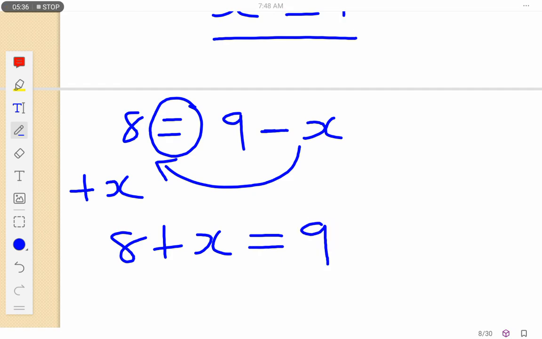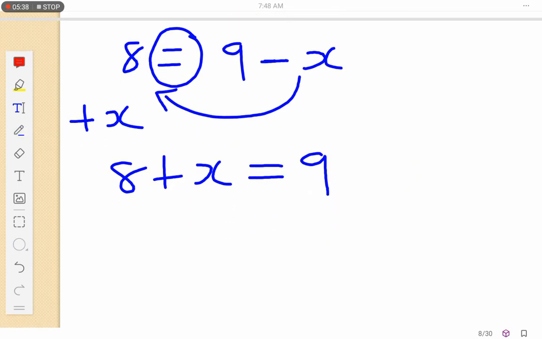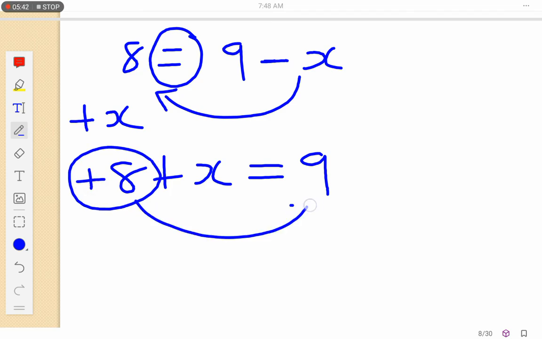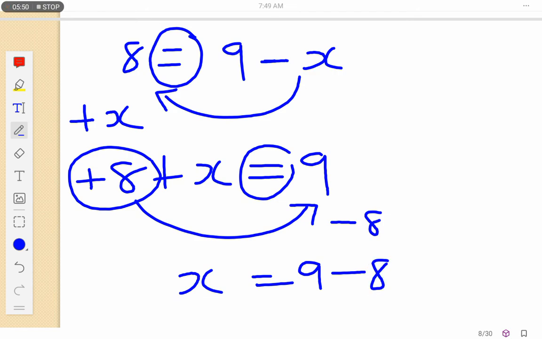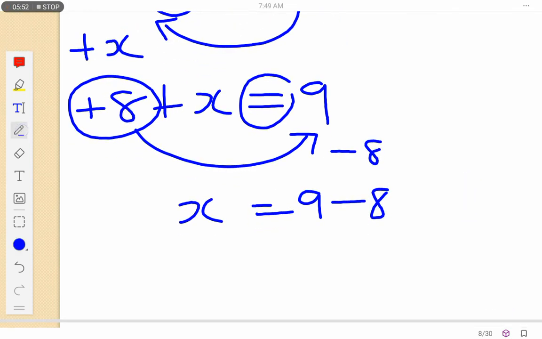Now I shift the 8, which is plus, to this side, and when it crosses the equal sign, it becomes a minus. So we remain with x is equal to 9 minus 8, we get a 1. So our x is equal to 1.